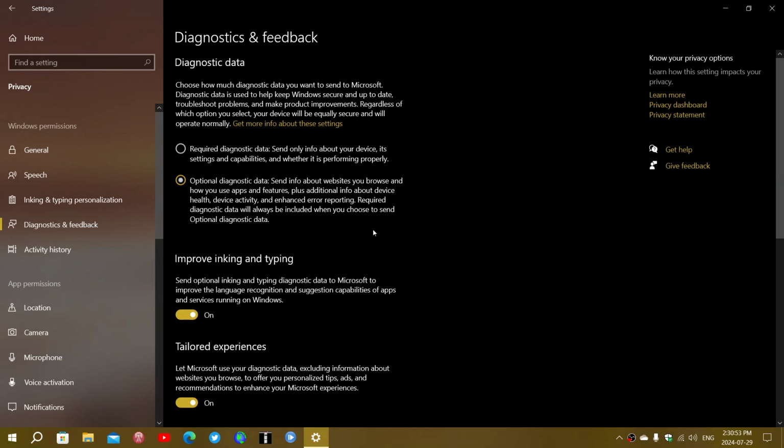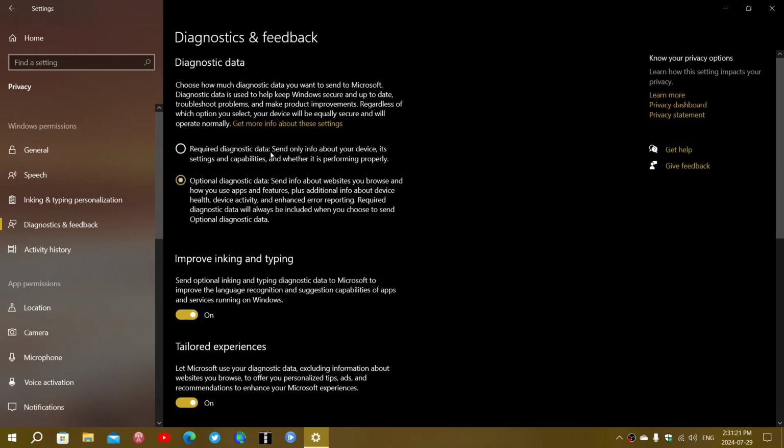Optional, actually, depending on the state of your PC, might take a snapshot of the RAM data, which in turn could technically give some personal information depending on what's open and what you're doing. And of course, you could lower it to required diagnostics, which would be the minimum just that they need to see the state of Windows 10.